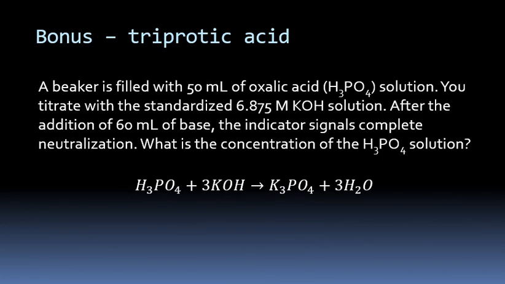So, as a bonus for you guys, working with the same volumes, same concentrations, same numbers, but in this case, you're going to be working with a triprotic acid, or specifically phosphoric acid, which requires 3 moles of base to react and neutralize 1 mole of the acid. So, work through this problem and submit your answer for a little bonus.